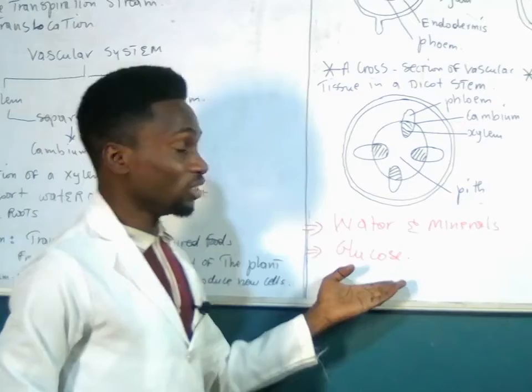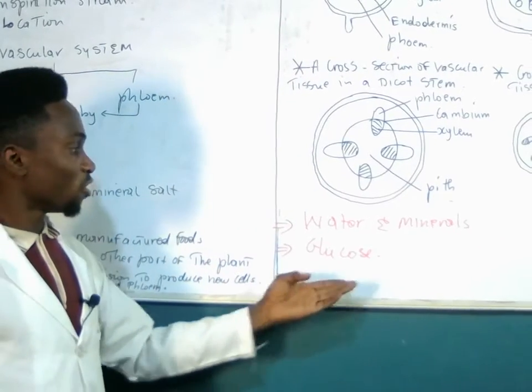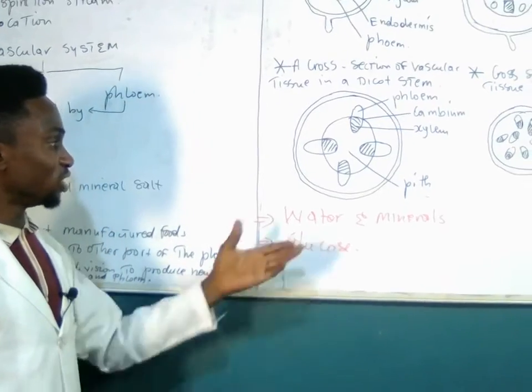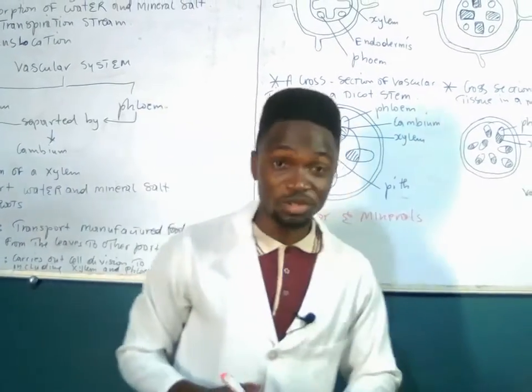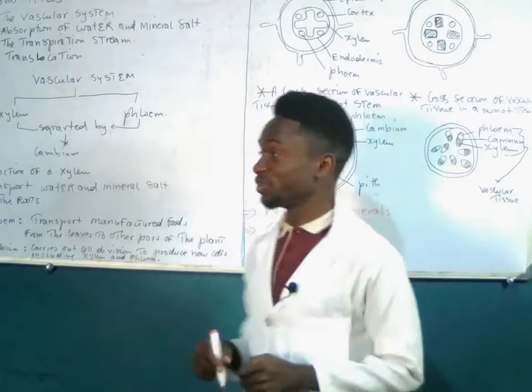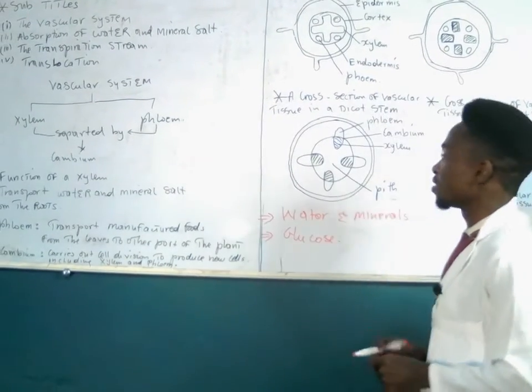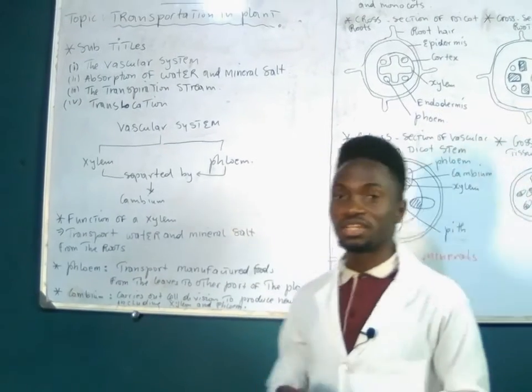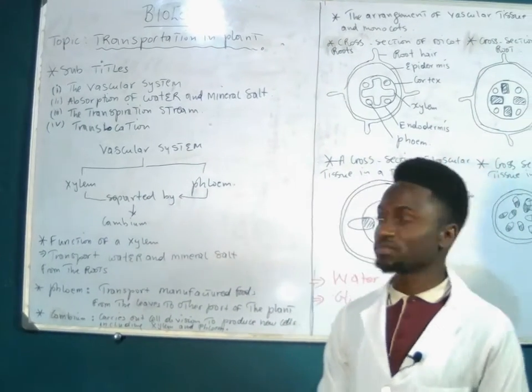Glucose is being transported from the leaves where photosynthesis takes place, and water and dissolved minerals are being transported from the ground up to the leaves to be used in the process called photosynthesis.